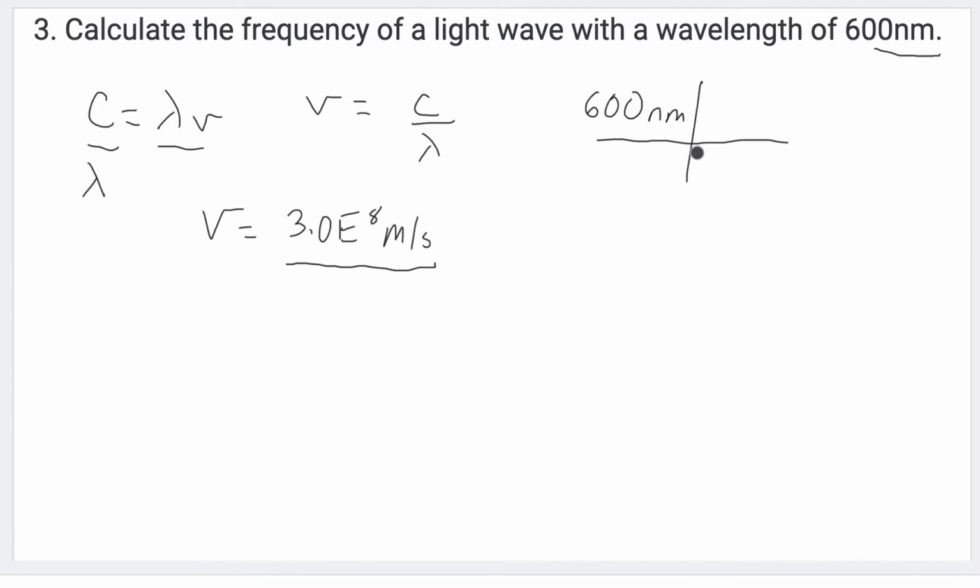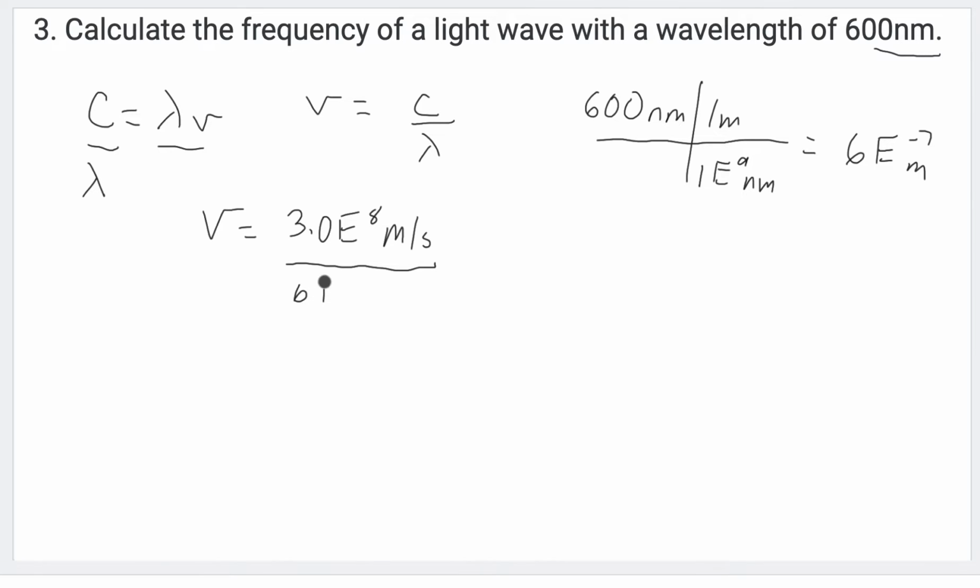So we'll just say in 1 meter, there's 1 e to the ninth nanometers. Again, that conversion is on the top of the worksheet. And anyway, let's see here. So 600, so that's going to be 6 e to the -7th meters.